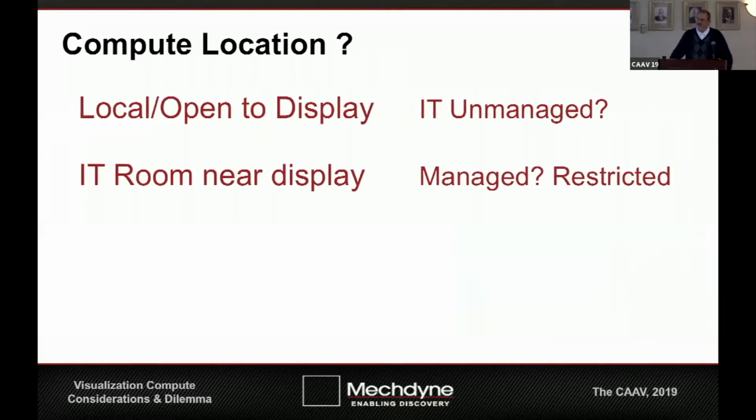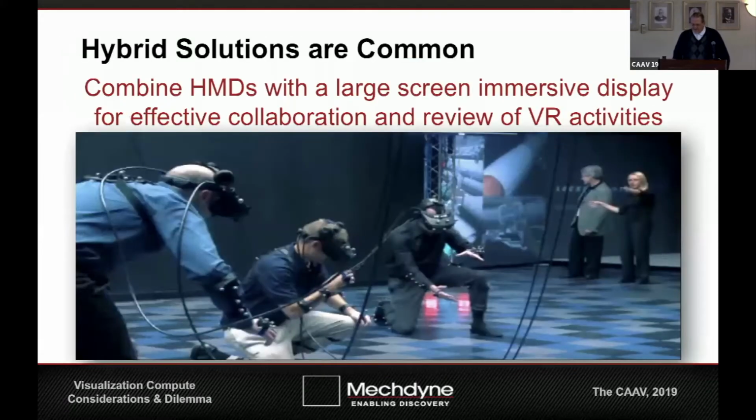So who would say they actually have an air-conditioned room somewhere near their display? Okay, what we often find there is that these systems would be maybe a little more restricted access, maybe a little more IT managed, but still fairly open to anyone with access to the lab.